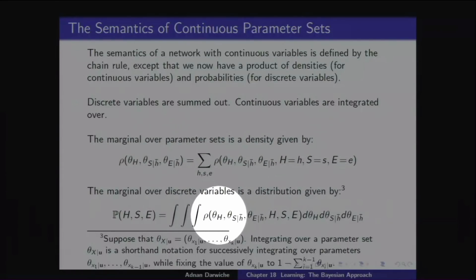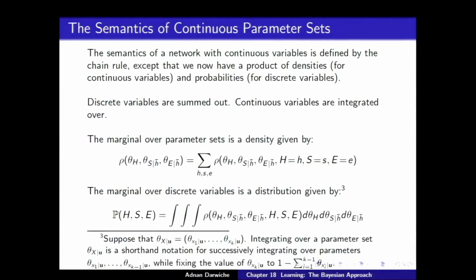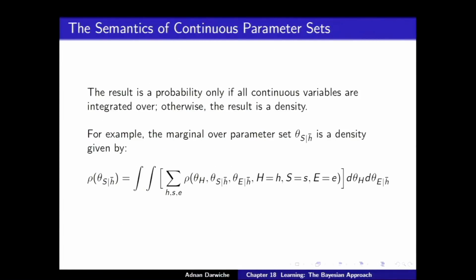You integrate, right? So here's the same density over all 6 variables, and I'm integrating over these parameter sets. This is a shorthand for successively integrating over every component of that, so we're just going to write it briefly like this. And then what do you get? You get a probability in this case, a distribution over H, S, and E. Again, you will not need to manipulate any of these things, just to give you a sense of what's going on.